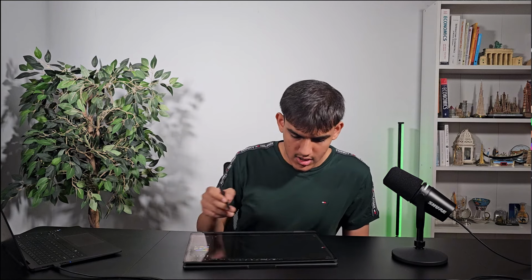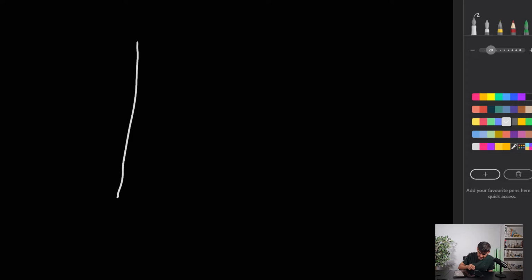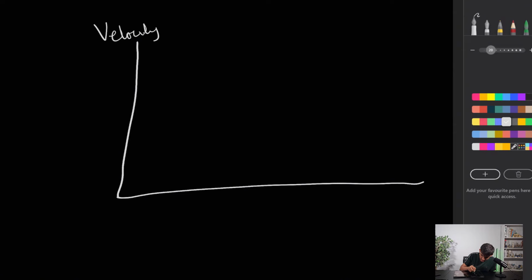The next question asks us to draw and label a velocity time graph for a car accelerating, cruising, then decelerating. Okay, so let's draw the velocity time graph. We do this where the velocity is on the y-axis and time on the x. So first of all, let's do the car accelerating.